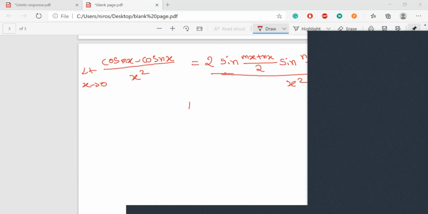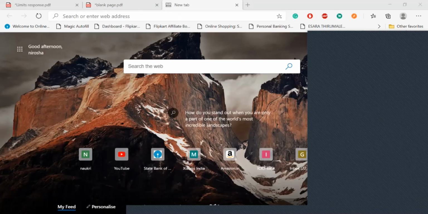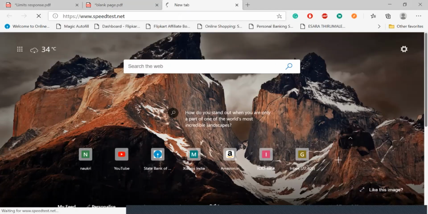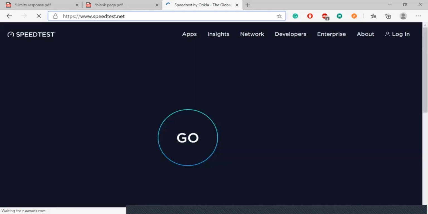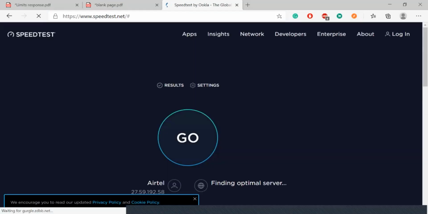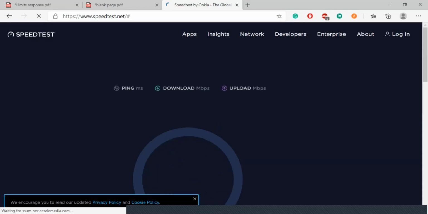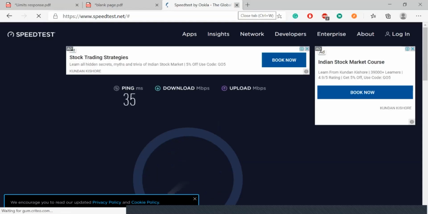Just a minute. Here the note is working. Oh, so now it came up. Are you doing some speed test or something?